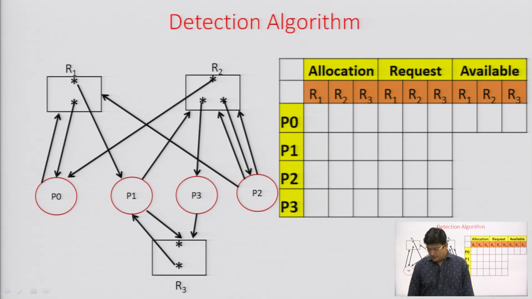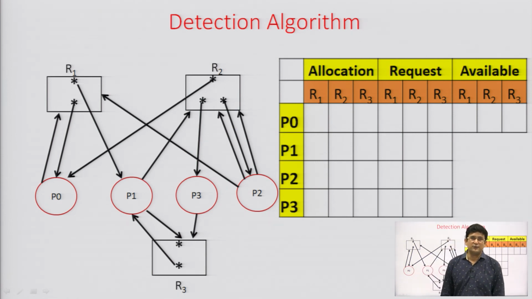Fine. Now you can take this example also to solve by yourself. This represents that the resources are there, and the resources are allocated to the processes. This is the resource allocation graph by which you can find out the current allocation. I will do it for one process, and the rest you can do by yourself.